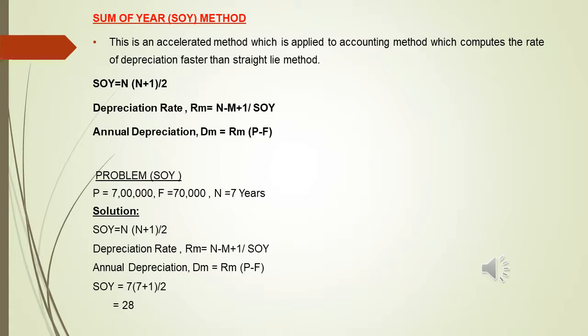We have the formula for SOY, that is n into n plus 1 divided by 2. They have given n in the question, that is 7 years. So SOY is equal to 7 into 7 plus 1 divided by 2, and I get the answer as 28. So my SOY will be 28.